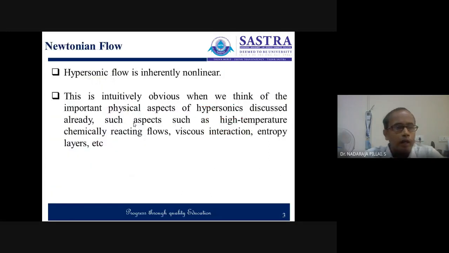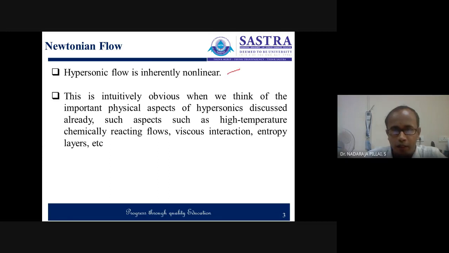Now, we already know that hypersonic flow is inherently nonlinear, right? Because we have discussed that hypersonic flow is affected by various phenomena. It is not only one particular Mach number.